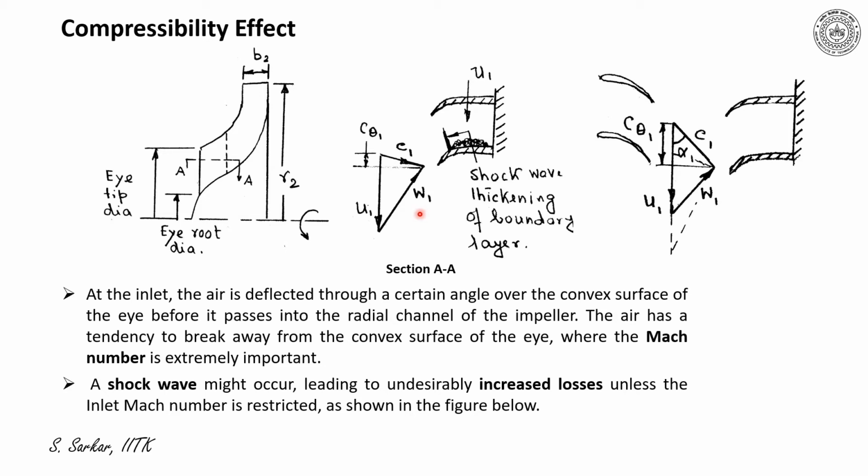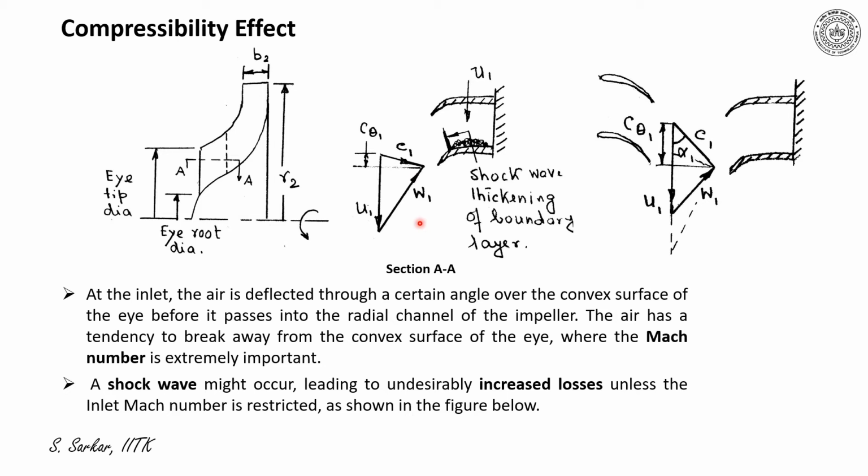Now the direction of W1 will decide the entry of flow to the impeller, and often a shock may form on the convex surface of the eye depending on the inlet Mach number, which would be decided by W1.